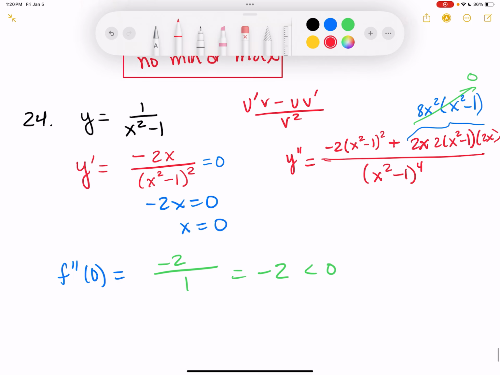So we know there's gonna be a max at the point 0, and we plug in 0 to the original. When we plug in 0 to the original, we get -1. So we have a max at (0, -1).